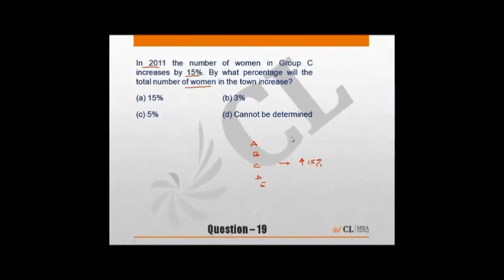But what has happened to the other groups? Not told to us. We don't know whether group A, B, D, E have increased or decreased, or what change has happened. Since that is not given, again, it cannot be determined. Now, supposing the question had said that group C goes up by 15%, all other groups remain constant, then what is the answer?